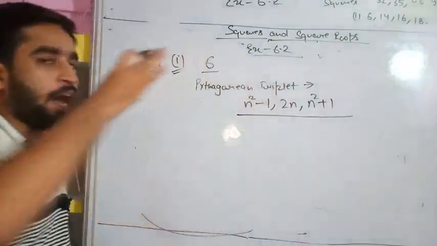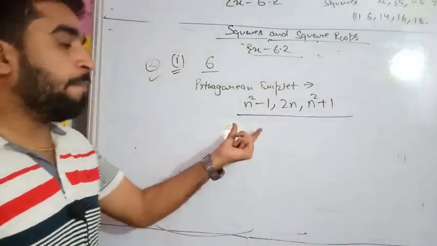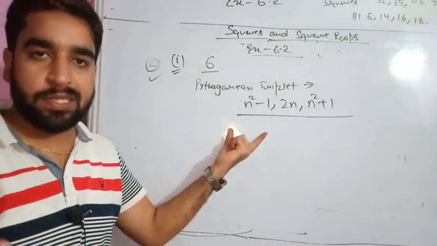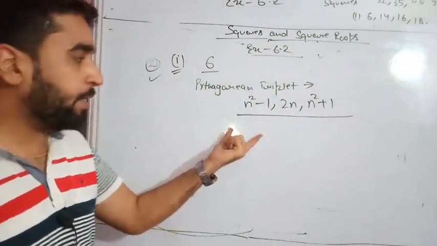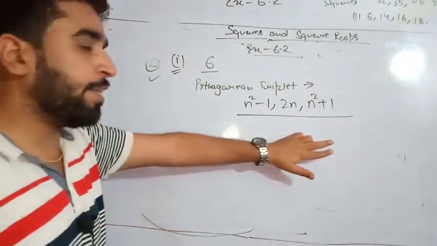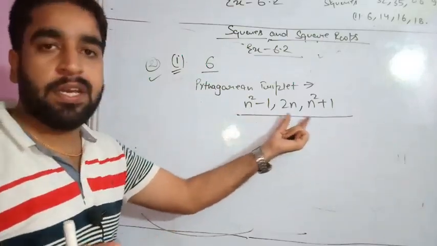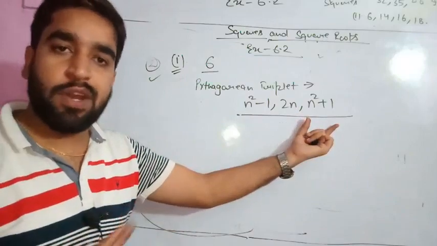That's the formula you have to learn. The Pythagorean triplet means three numbers which satisfy the Pythagoras theorem. You have to learn this formula, n square minus 1, 2n, n square plus 1.